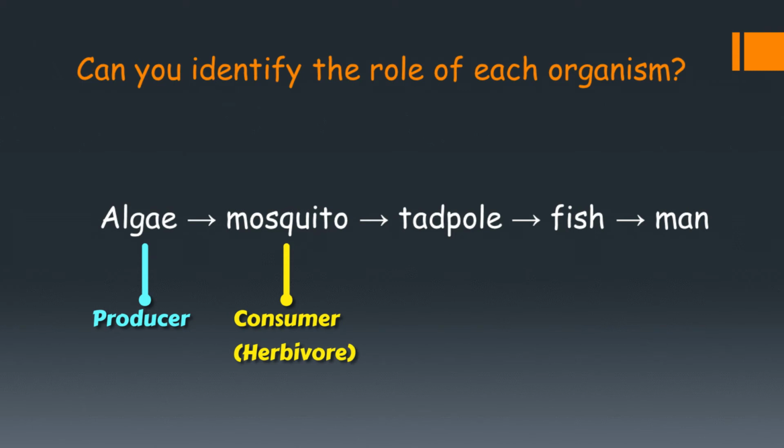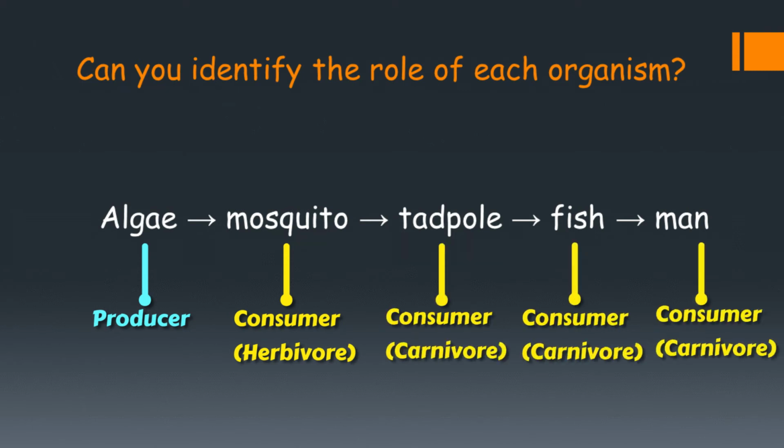Yes, the tadpole and the fish and man, we would all be consumers, and we're consuming, in this case, another animal, so they would be carnivores, right? Very good. All right. Now, how do human activities affect a food chain?